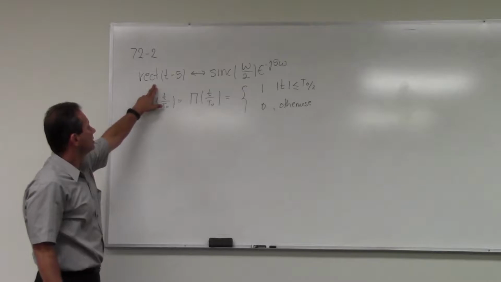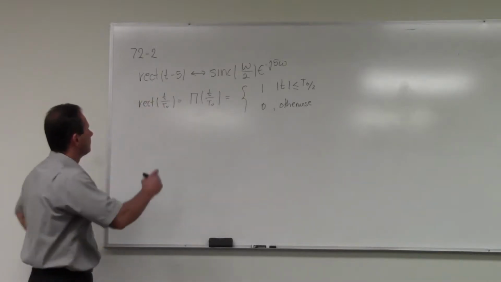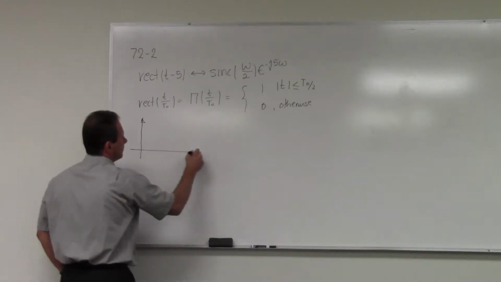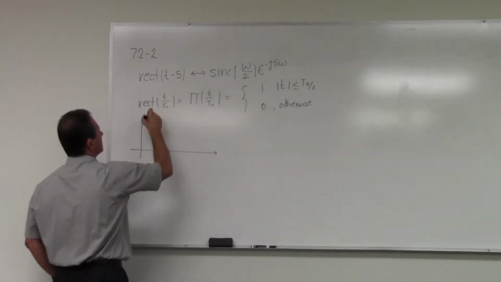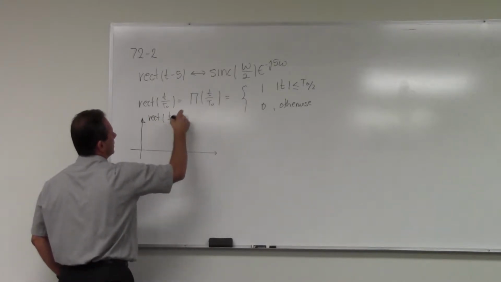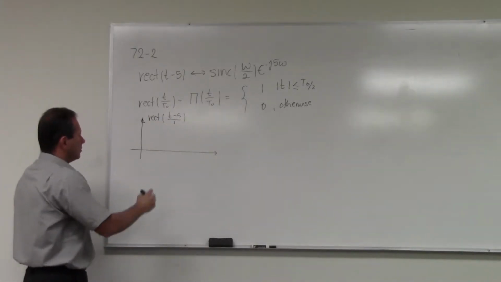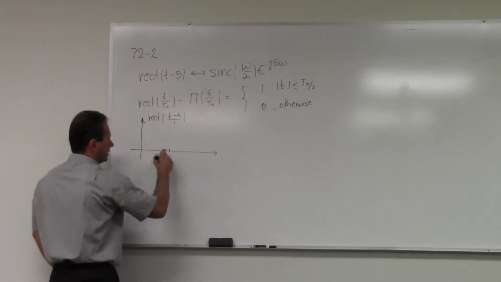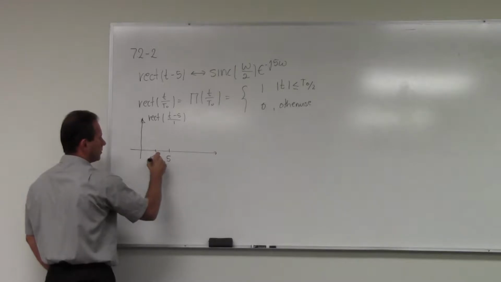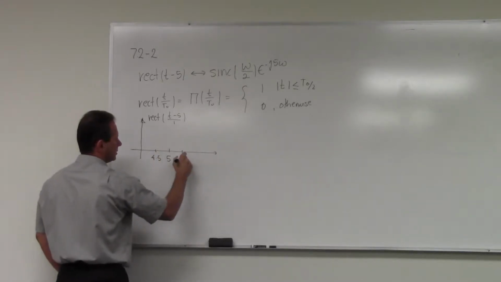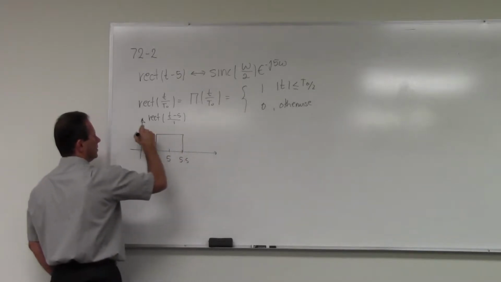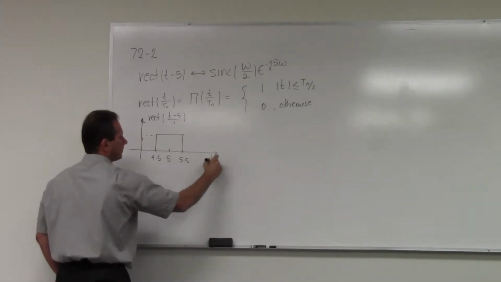Let me draw it: you can think of this as rect of t minus 5 divided by 1, which means the pulse is centered at 5. This is 4.5, and this here is 5.5, and the height of the pulse is equal to 1.